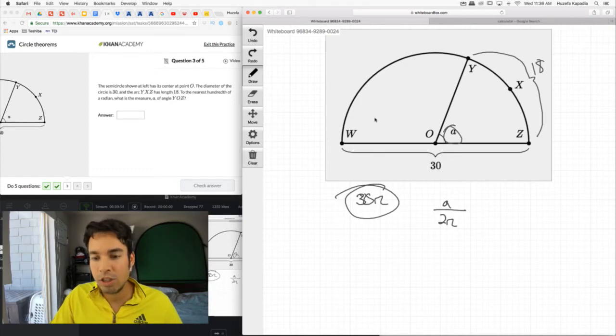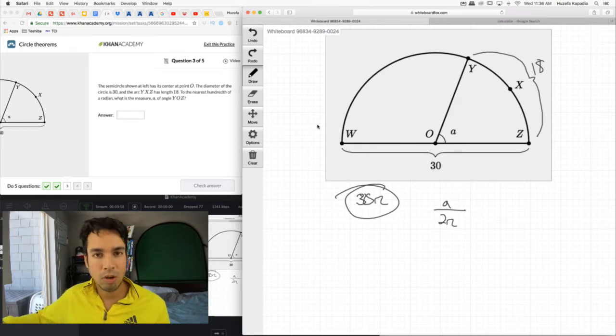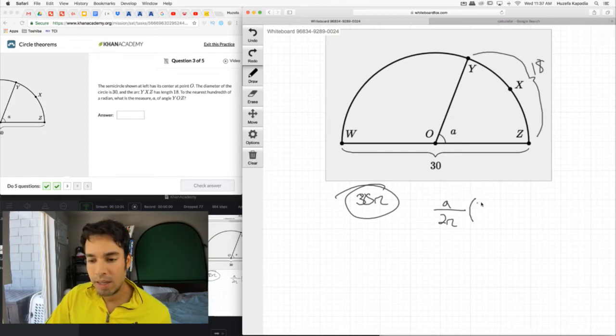We're basically taking a fraction of this little angle over 360 because 360 is the whole, going all the way around the complete circle. So A over 2 pi, we multiply that times the entire circumference, and we get the arc length, which we know in this case was 18.